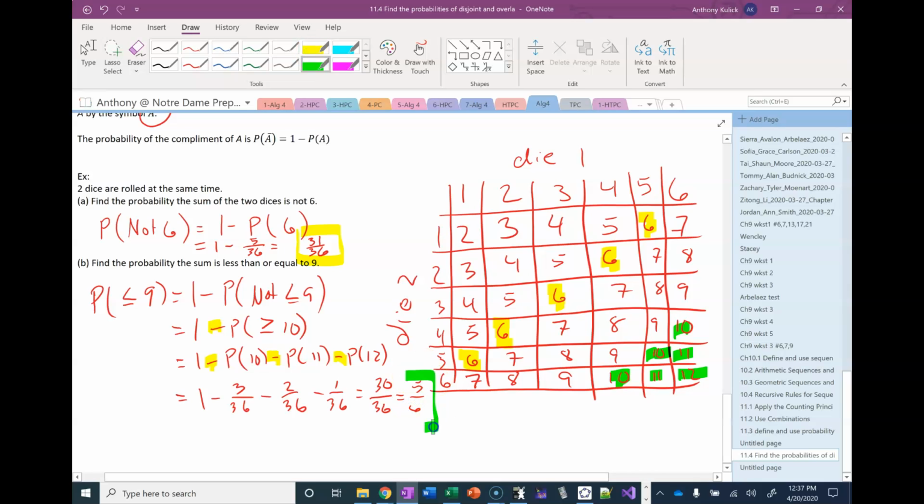So when I do that, I get 1 minus 3/36 minus 2/36 minus 1/36, which gives us 30/36. I made a common denominator with the 1, and I reduced that down to 5/6.